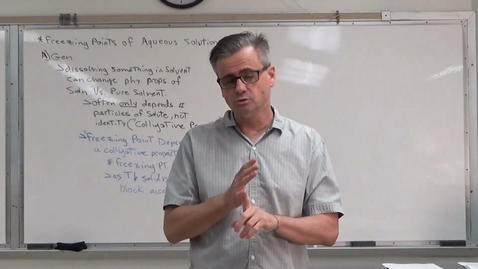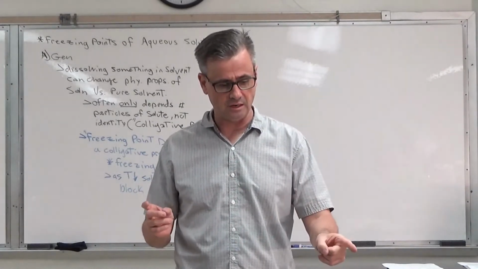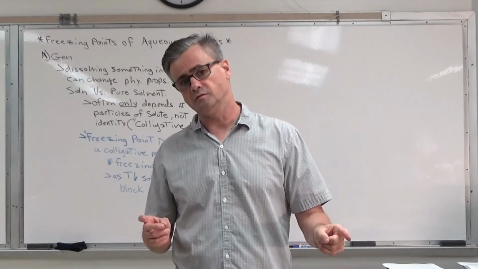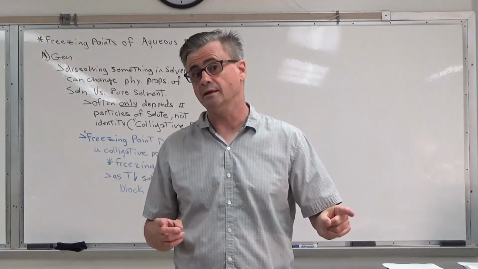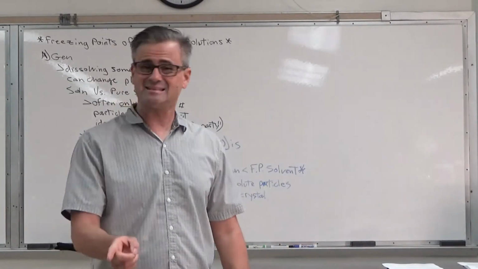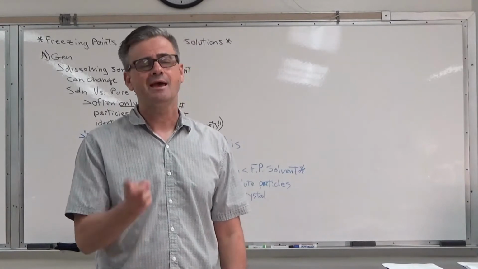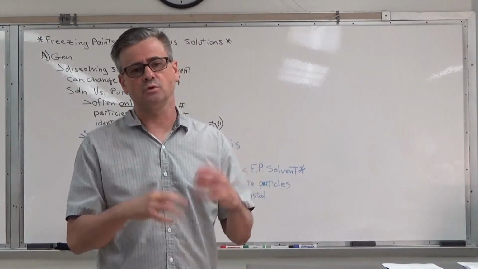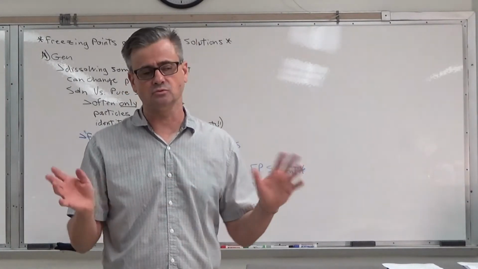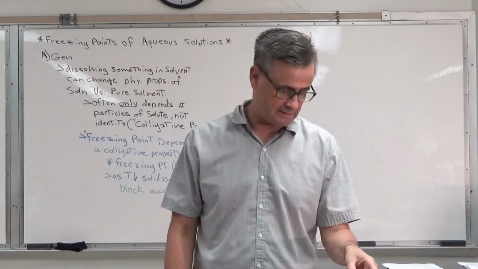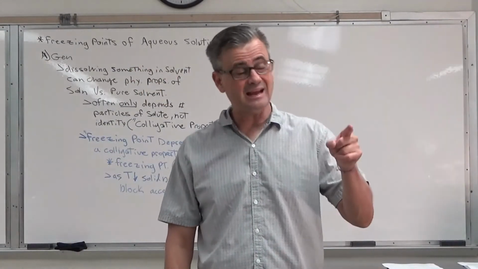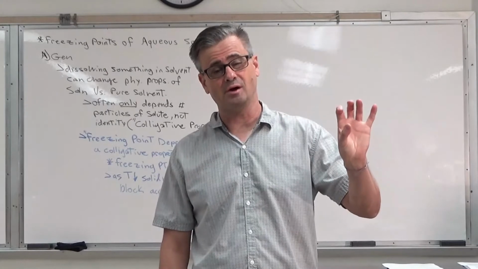So two little differences there. First of all, rather than a volume of solution, we're using the mass of the solvent. And there's a very subtle difference: in molarity, it actually includes the volume of the solute.